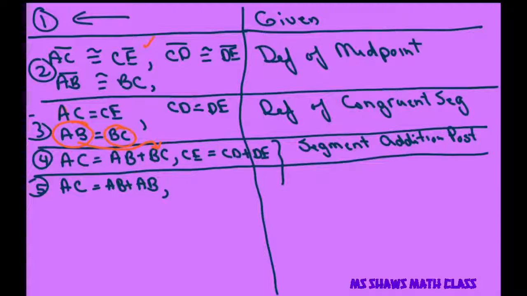And similarly, I'm going to write CE equals DE plus DE, because I can substitute for CD. Where is my CD? Oh, here it is. CD right here. So I can put this DE here. And that is called the substitution property of equality.